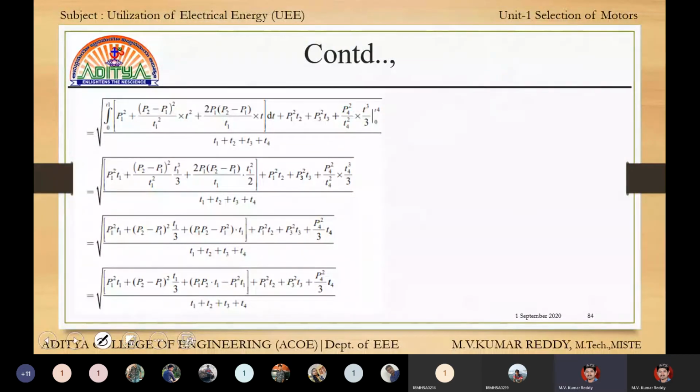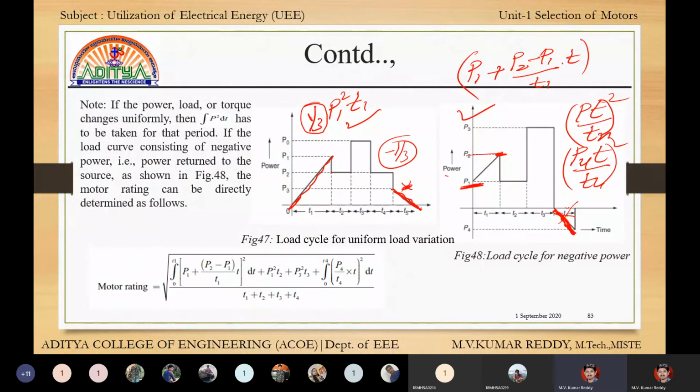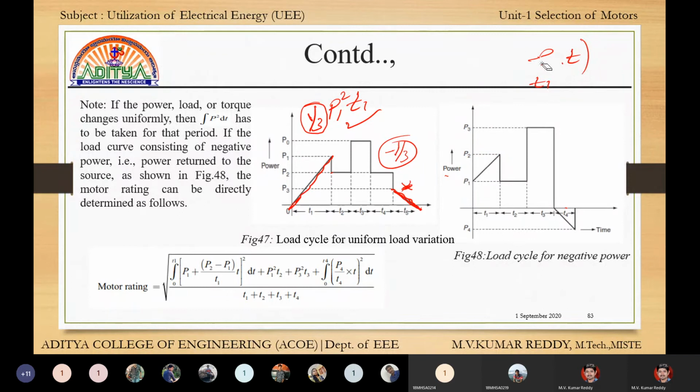Next, now we are finding an equation for the second graph, that is figure 48. For figure 48, we are finding the general equation for the motor rating.